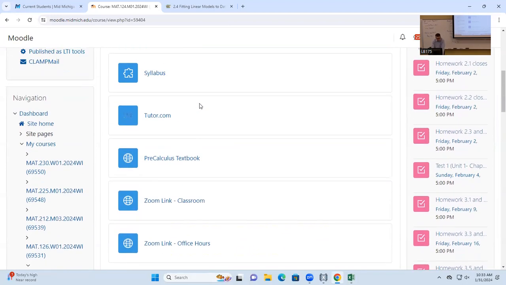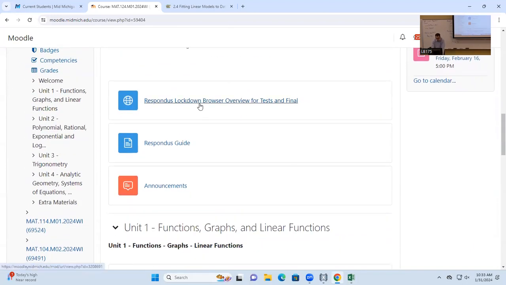Like I said a bunch of times, the test requires the Respondus browser, so make sure you download that. That's in these links here and here, tells you about Respondus. One thing about Respondus, I've mentioned this a couple of times, but I'll mention it again.